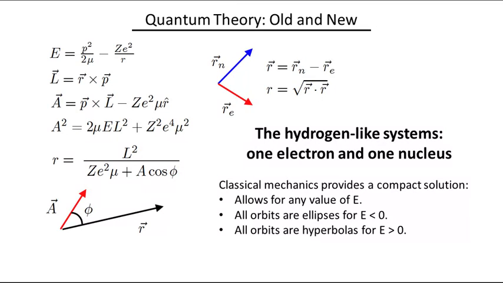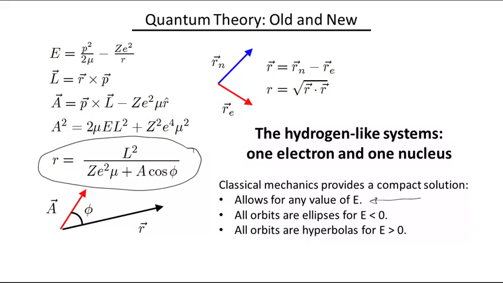So to remind you where we left off at the end of the last lecture, we solved the problem for the motion of the hydrogen-like systems, one electron, one nucleus. In classical mechanics, we found a sort of generic, fairly simple solution. It allows for any real value of the total energy.